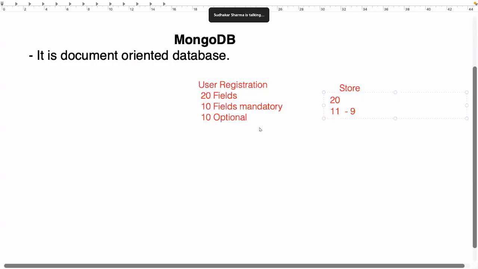The point here is that general databases have to prepare for all 20 fields because we don't know which ones he will fill, but at minimum 10 everyone will fill. Can we have a table with one row of 10 columns, another row of 15 columns, another row of 11 columns?